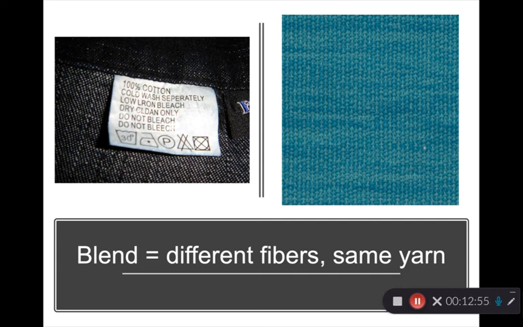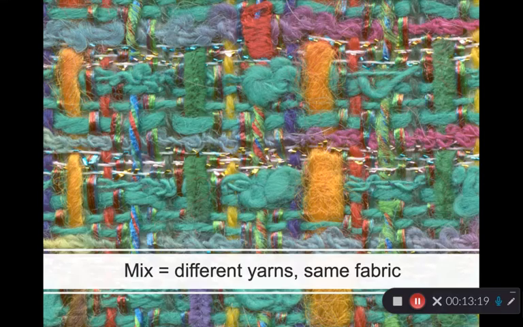So blending fibers within the same yarn is something like a cotton poly mix, or adding 3% spandex to give a yarn a little bit of stretch. Or think of our pashmina, where there's a silk and wool or cashmere mix to it. That's called a blend when you have the different fibers in the same yarn.